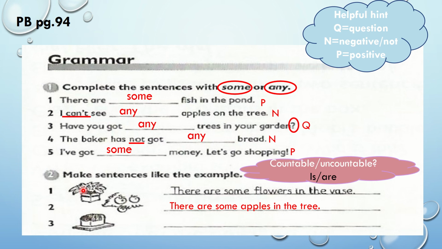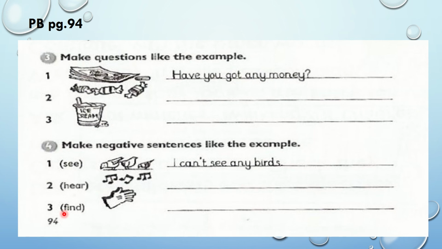Now the sentence that you guys needed to complete is sentence number 3. Here we see a loaf of bread. So our sentence will then be, there is some bread on the table.